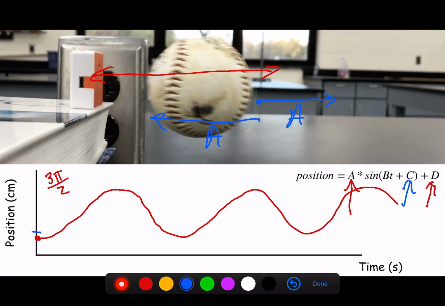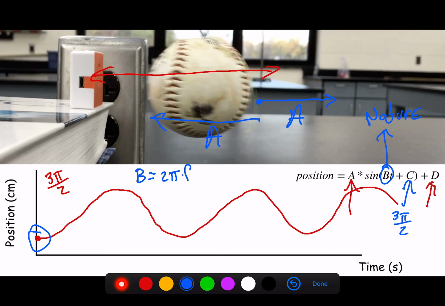The C is determined solely by when we hit collect. We hit collect when it was really close to the pocket lab, so we got a C value of 3 pi over 2. The important thing to realize is that A and C and D are all controlled by us. The most important variable is B, and that is controlled by nature.